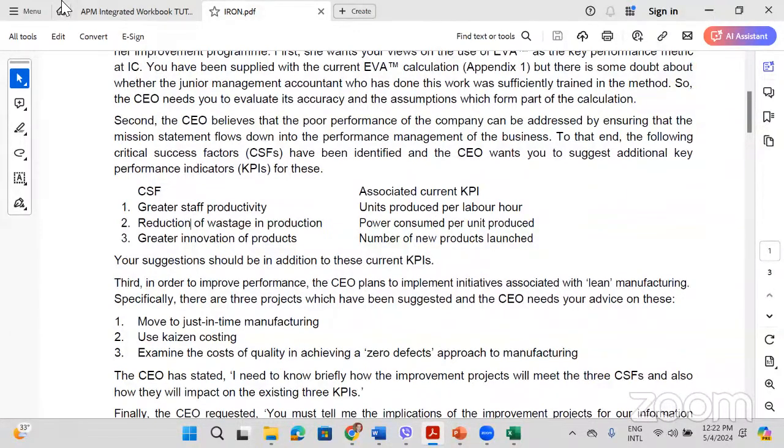So even the quality they produce, the quality of the product, is not measured. Good, very good. Yes, correct. That also you can write. Either this or that. Quality of the product is also not captured.